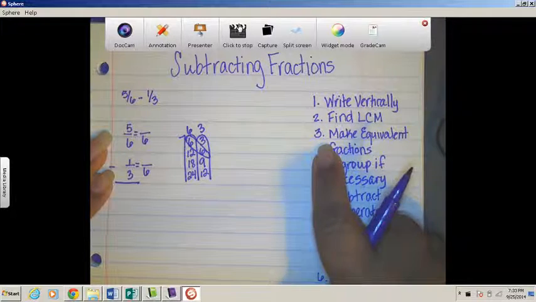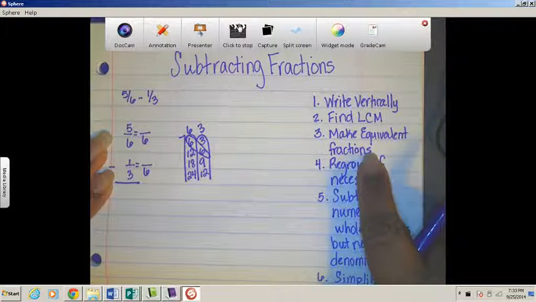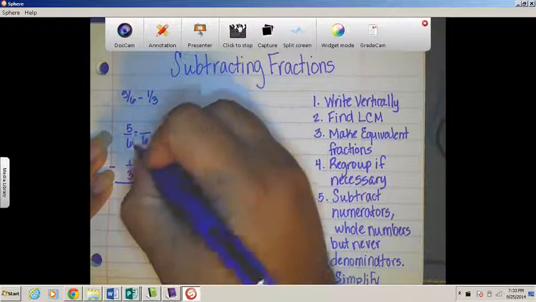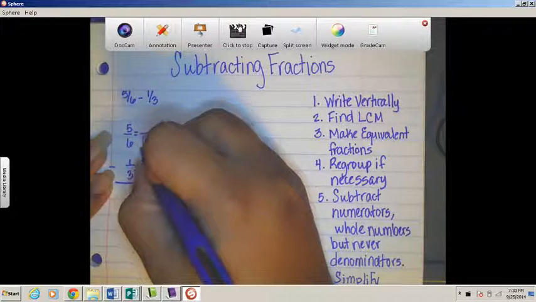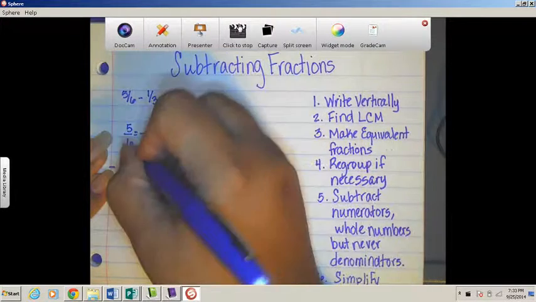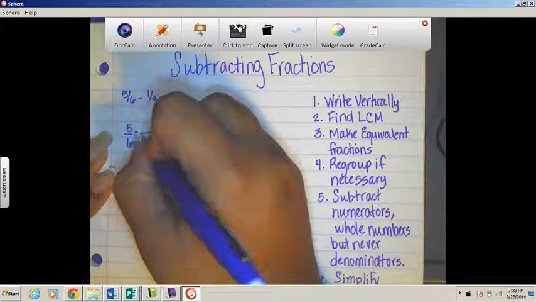Now we're going to make equivalent fractions. So 6 goes into 6 one time. 6 times 1 is 6.